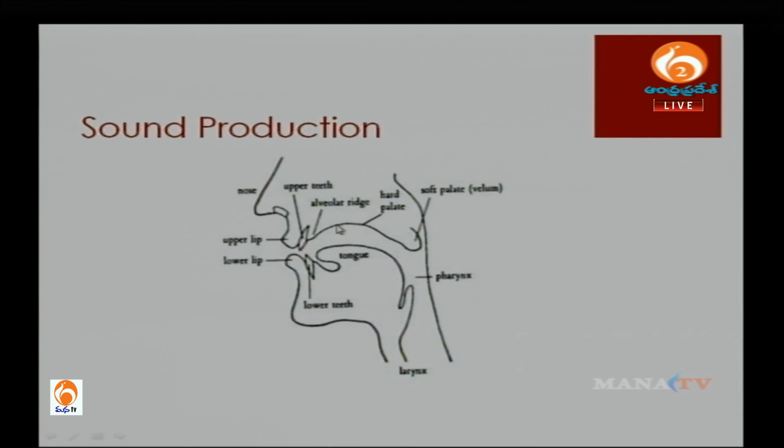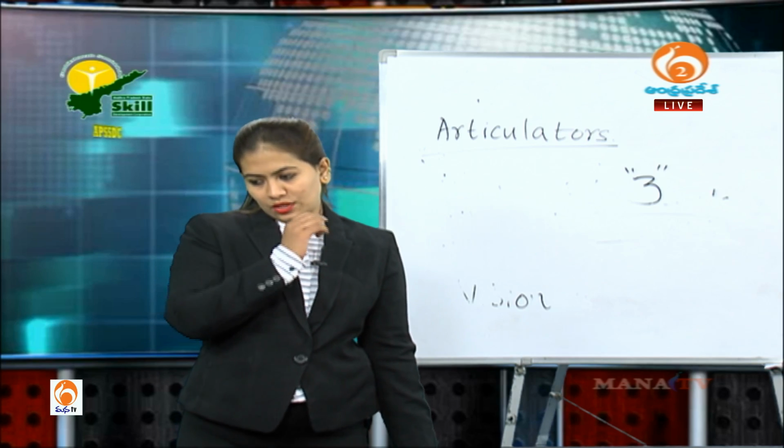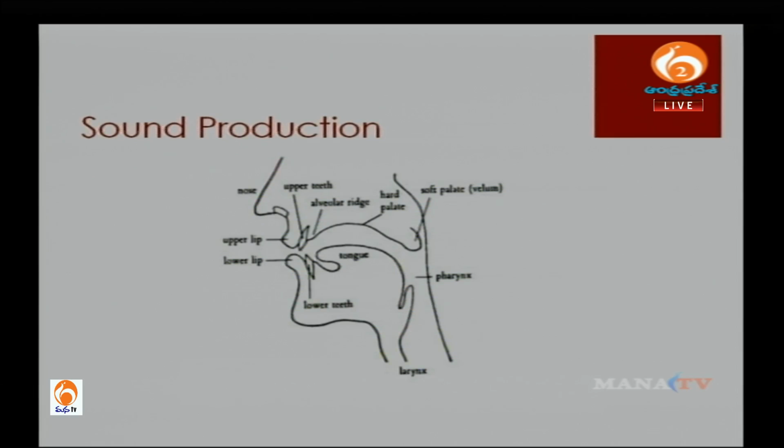Moving further, we have two set of teeth, that is the upper set and the lower set. Then we have the little protruding portion behind the first set of teeth. When you touch the tip of your tongue towards the first set of the teeth, you see a little protruded upward portion called the alveolar ridge.